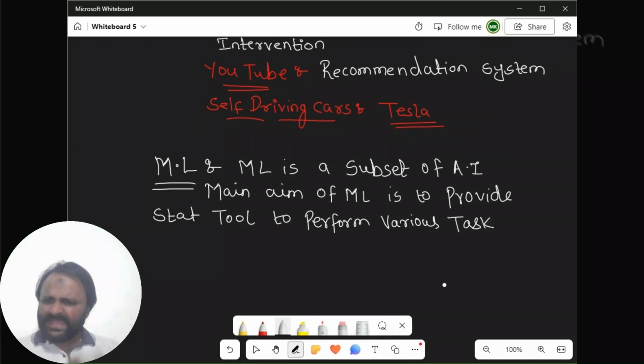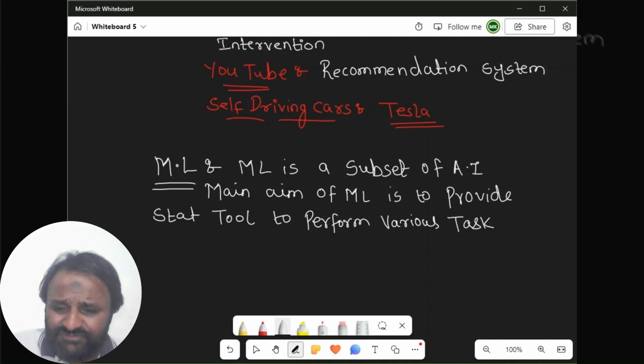So the main aim of ML is, as I told, to provide a stat tool to perform various tasks. And what will be the various tasks? That is the main concern.